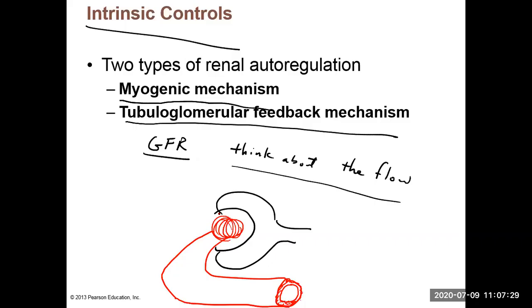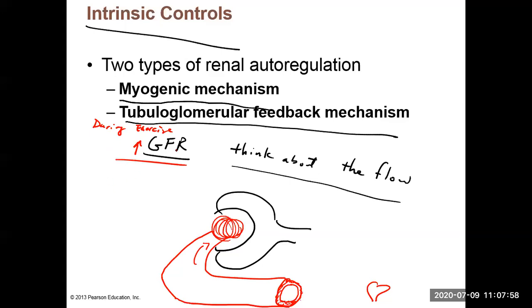First, let's just hypothetically say during exercise. During exercise, your GFR is obviously going to go high. Why is the GFR going to go high? Because the force of contraction of the heart is greater. That's what we mentioned. So when there is a higher contraction of the heart, then this force would be higher.